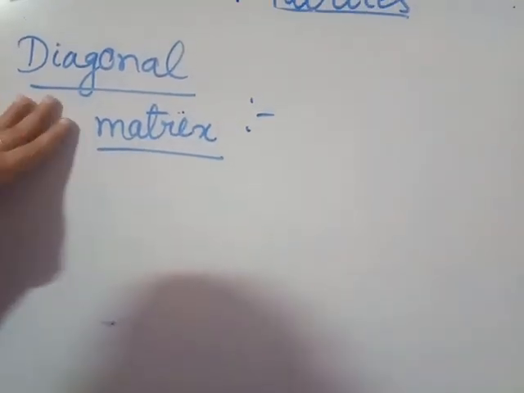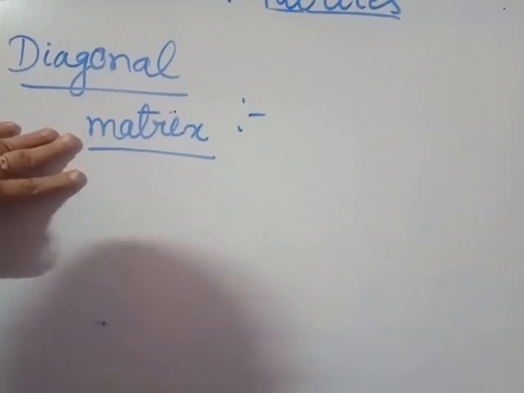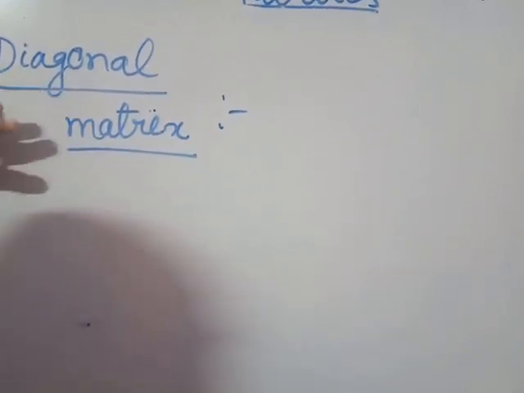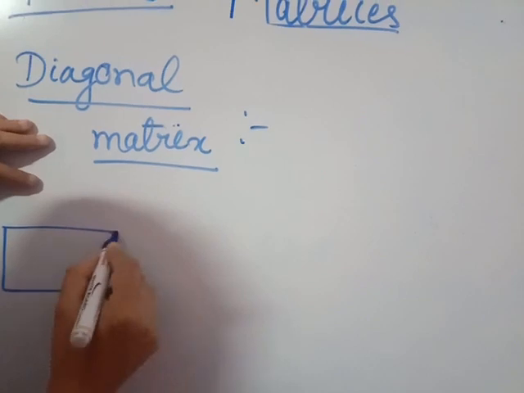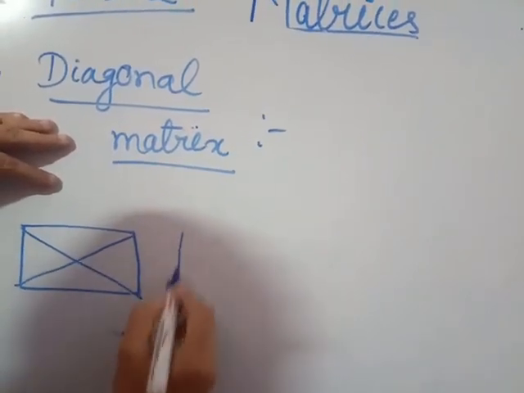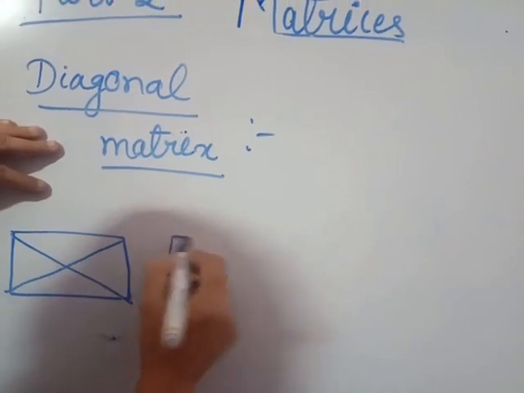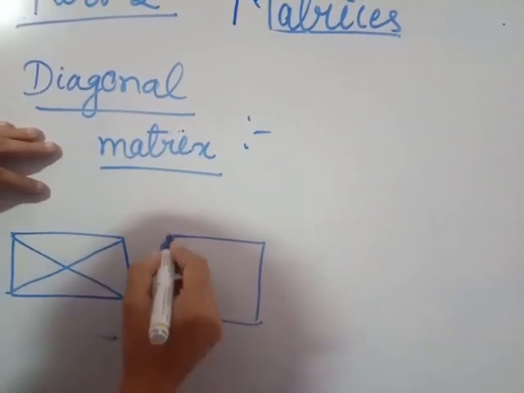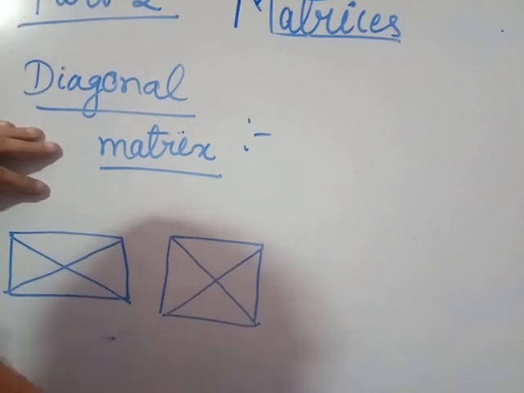Now children, another form of matrix is the diagonal matrix. Diagonal means, if it is a rectangle, then the diagonal is like this or like this. If it is in the form of a square, then also the diagonal is like this or like this.